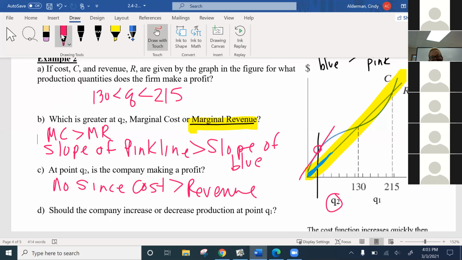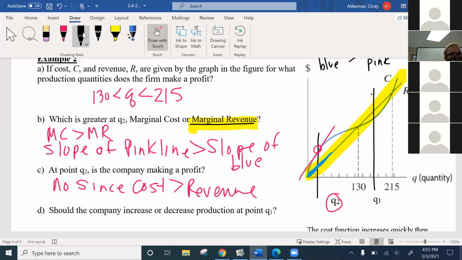All right, now here's a good question. Should the company increase or decrease production at point Q1? Let me draw that in where I mean that to be. When should they increase production? They should increase production whenever marginal revenue is more than marginal cost. So at Q1, is marginal revenue greater than marginal cost? Well, let's compare.